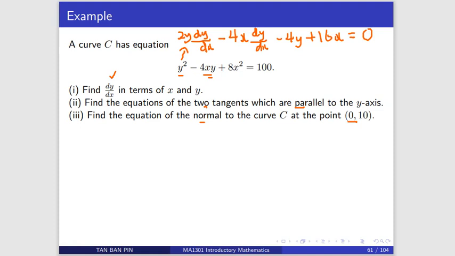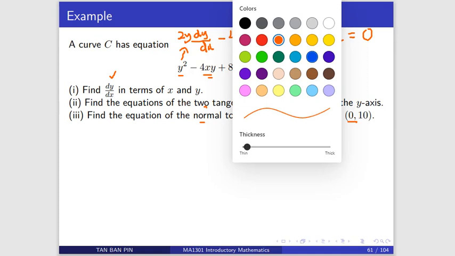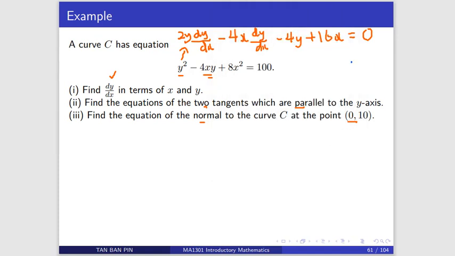So with that, you can make dy/dx the subject. You can take out dy/dx, right? So it's (2y minus 4x) dy/dx equals, then these two terms you bring to the right hand side, so it will be 4y minus 16x.